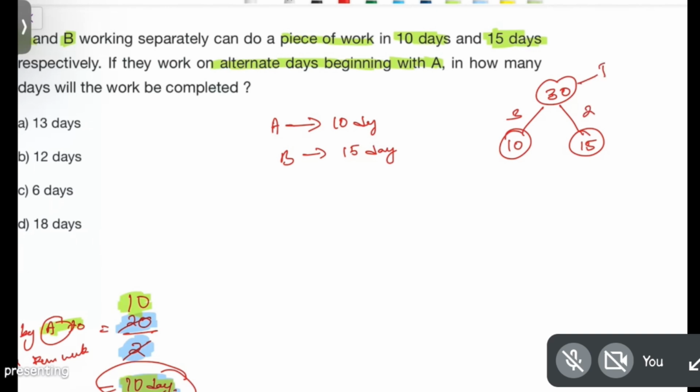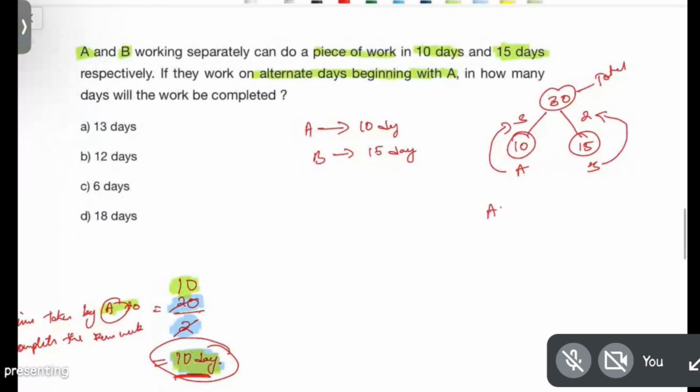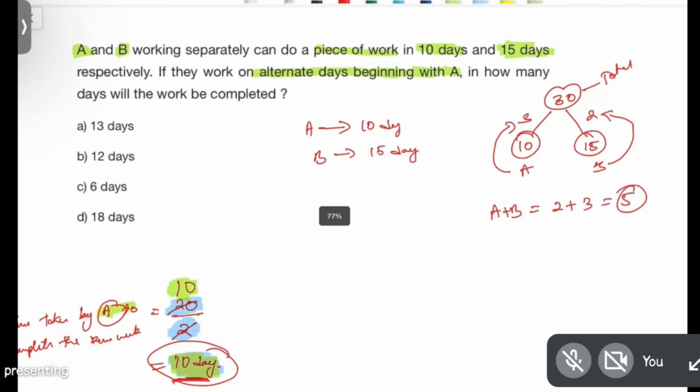This is the total work, and this is A and this is B. In a day A is doing 3 pieces of work, in a day B is doing 2 pieces of work. That's what we have done earlier. And if A and B work together, then in a day they will do 2 plus 3, which is 5 pieces of work.